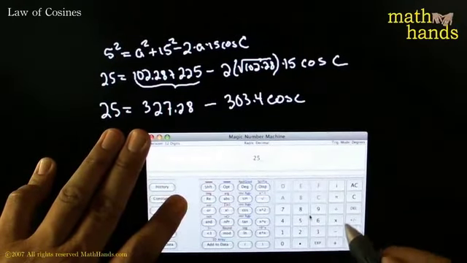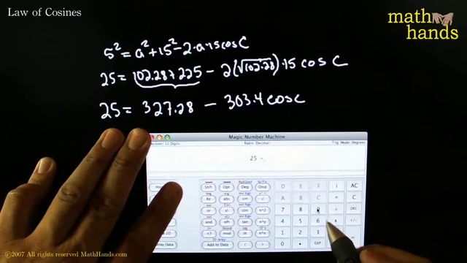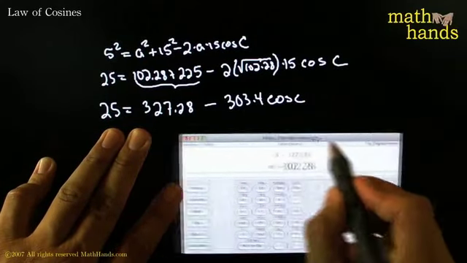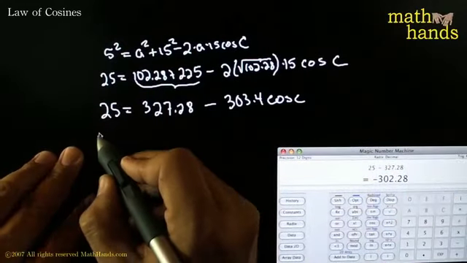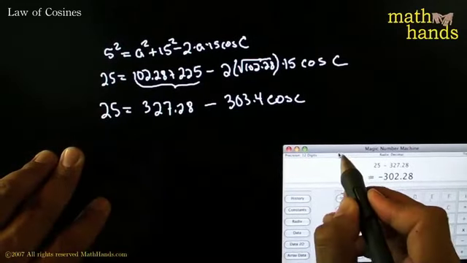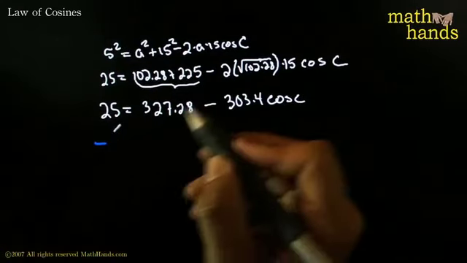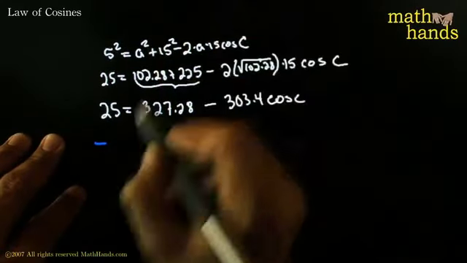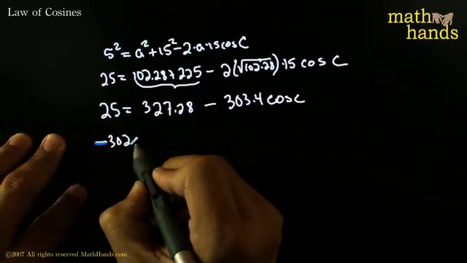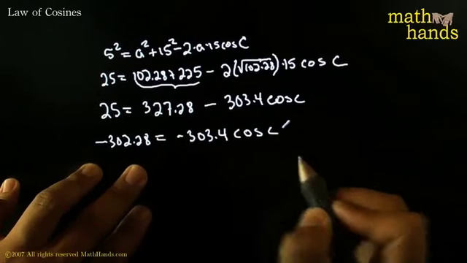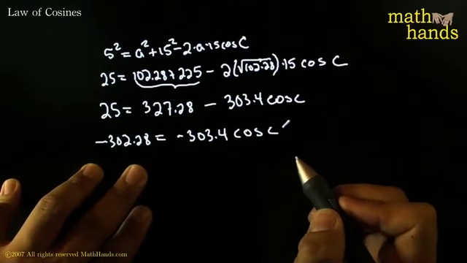I go 25 minus 327.28. What does that equal? That's negative 302.28. So it should be negative 302.28, and that's equal to negative 303.4 cosine C, right?